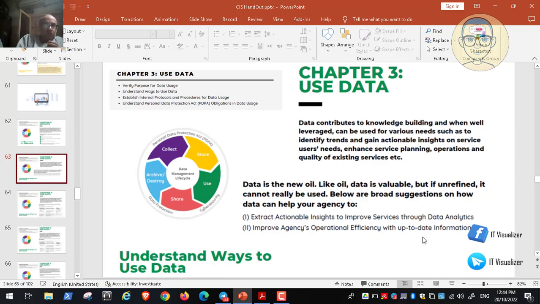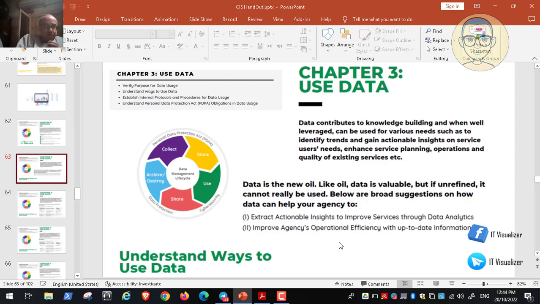So you should refine the data, okay, or you should analyze the data to predict future business, to predict users' trends towards some products or some services, and improve the operational efficiency with up-to-date information.